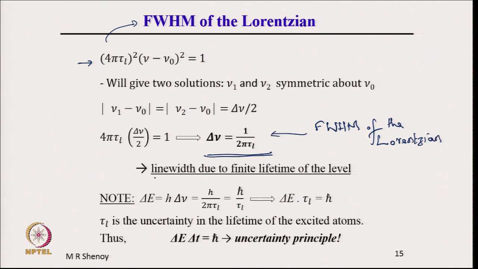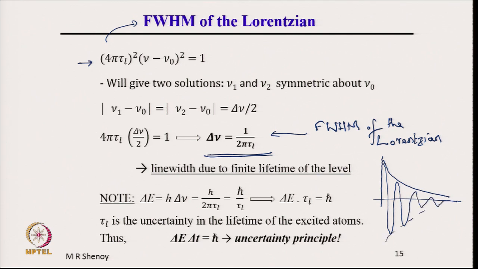So, line width, what is this? Why has this delta nu come? This spectrum has come because of the finite lifetime of the level. Because of the finite lifetime of the level, the intensity was dropping down like this, if you recall. And then we said, therefore, the electric field must be representing a damped oscillation.